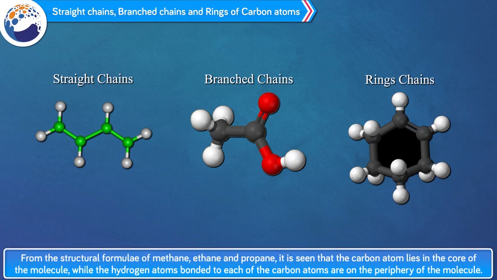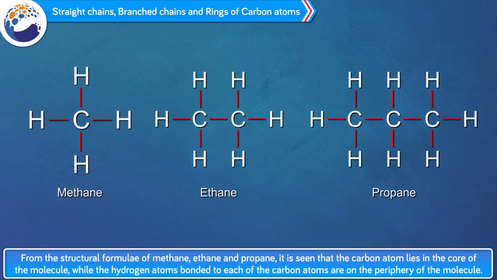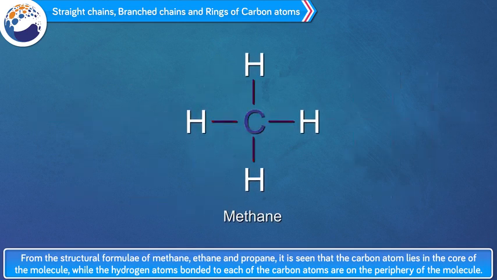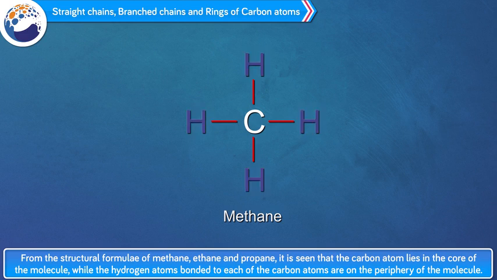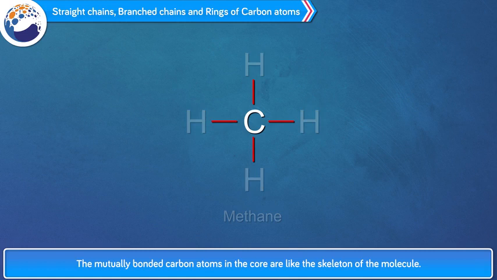From the structural formulae of methane, ethane, and propane, it is seen that the carbon atom lies in the core of the molecule, while the hydrogen atoms bonded to each of the carbon atoms are on the periphery of the molecule. The mutually bonded carbon atoms in the core are like the skeleton of the molecule. The carbon skeleton determines the shape of the molecule of a carbon compound.